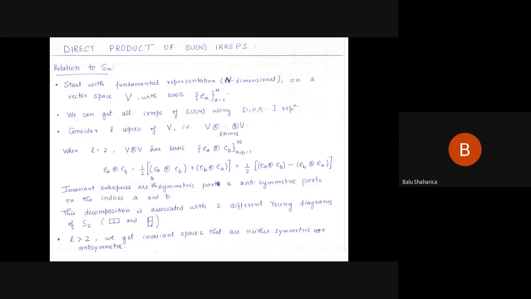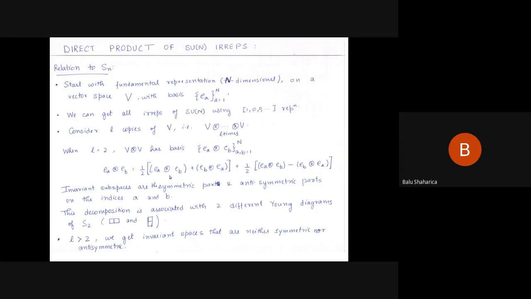Each of the basis vectors can be decomposed like this. This is the symmetric decomposition, and this is the anti-symmetric decomposition, and we can also get this by acting with the irrep of S2 on the indices A and B.